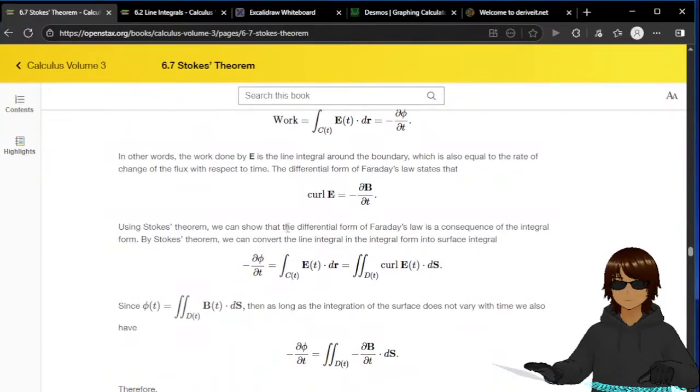Using Stokes' theorem, we can show that the differential form of Faraday's law is a consequence of the integral form. By Stokes' theorem, we can convert the line integral in the integral form into a surface integral.